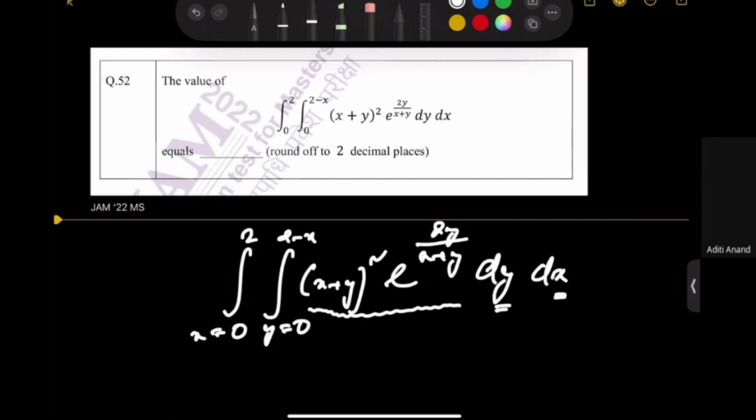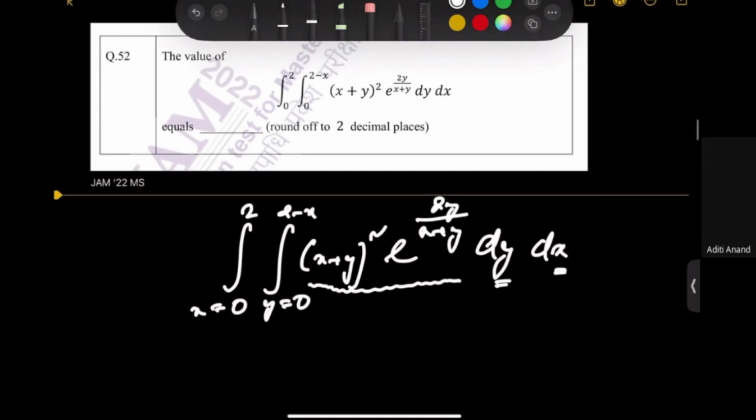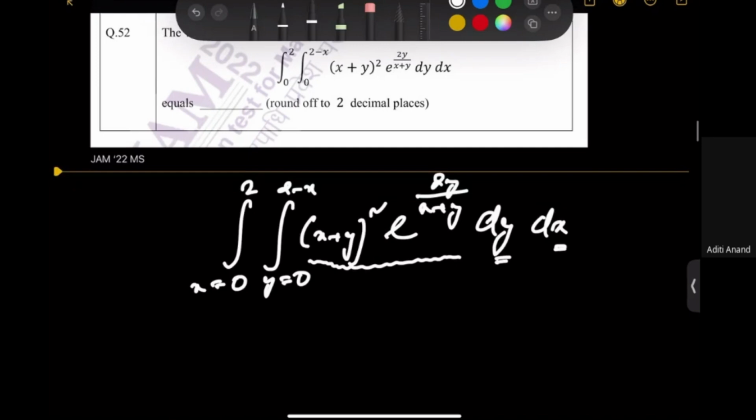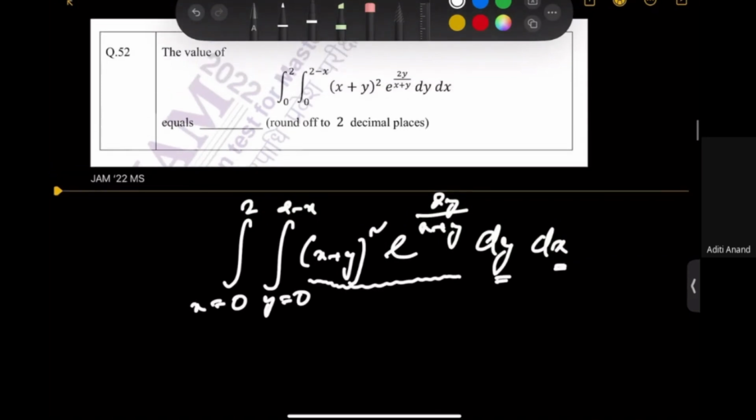We can replace x plus y by t, and then proceed. Yeah, very good. We can replace x plus y by one variable, right? Yeah, that is the idea actually.